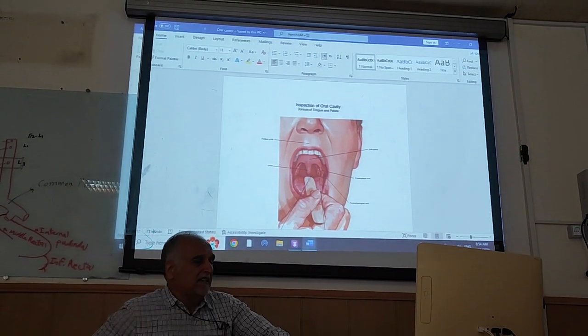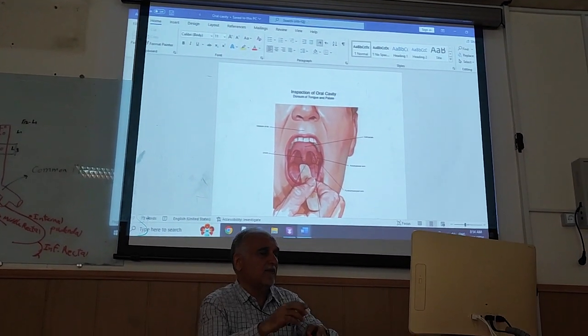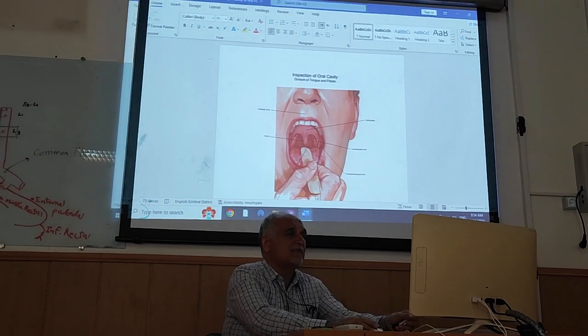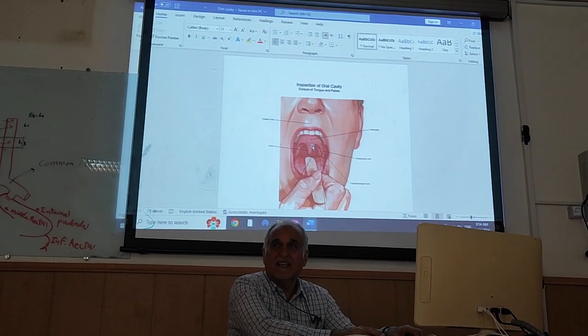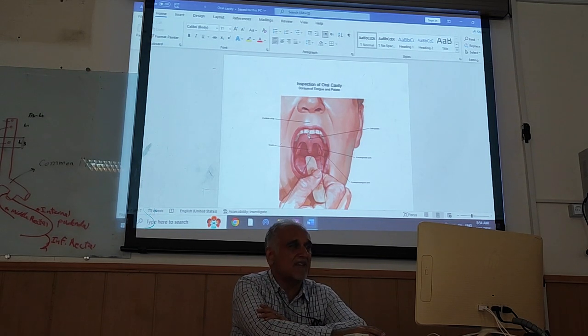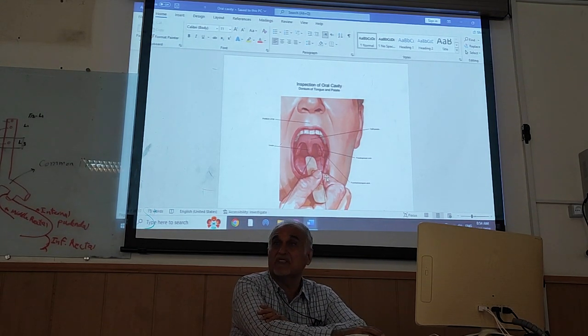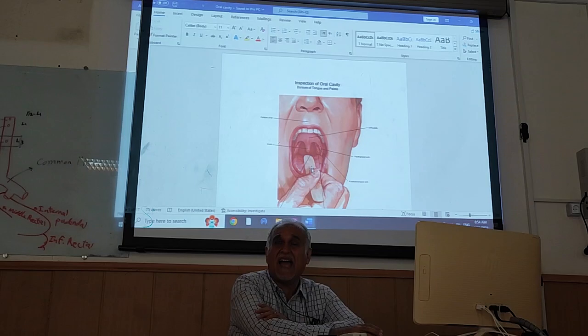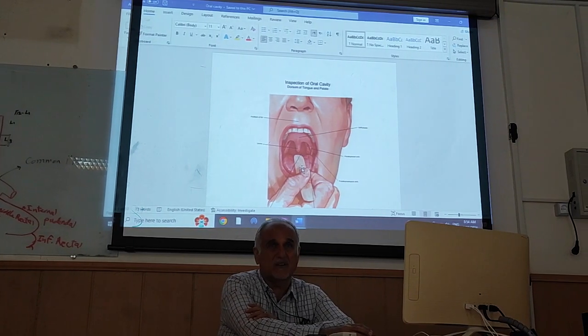This part is one of the important parts of the digestive system because we have teeth here and some taste spots, and their actions are very important in our body.